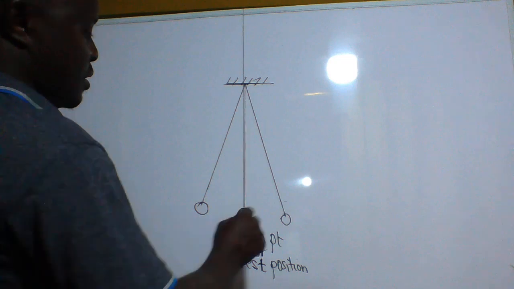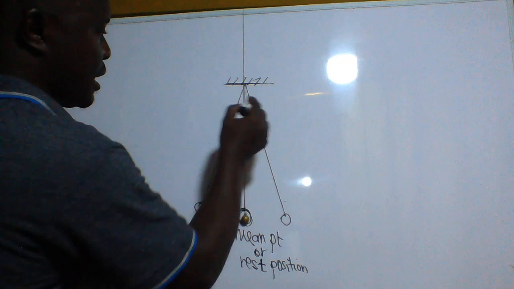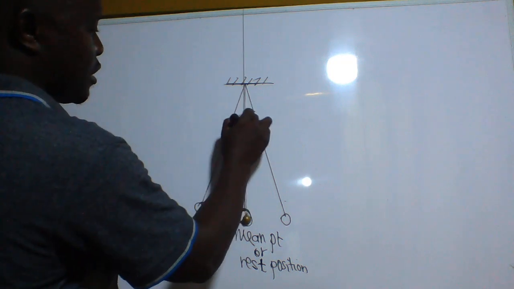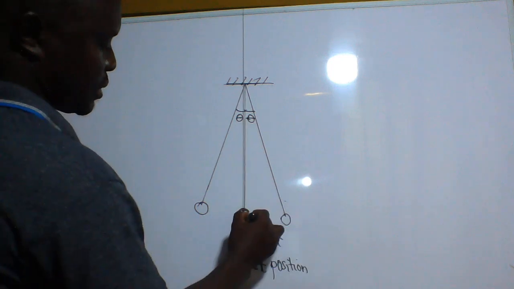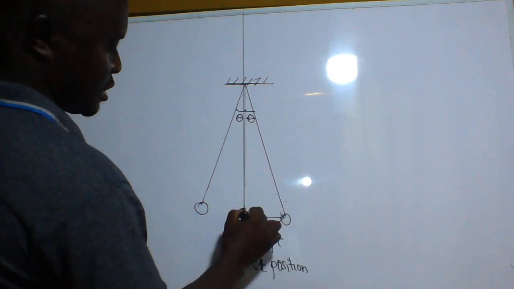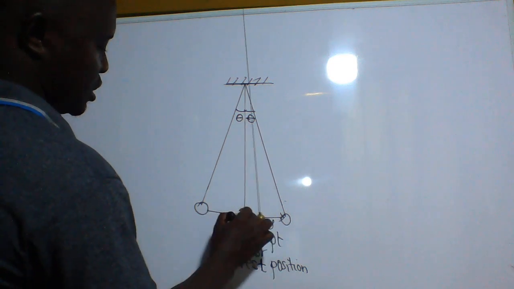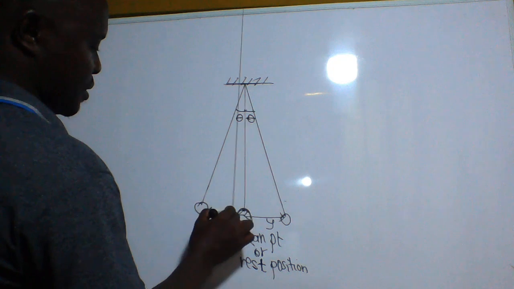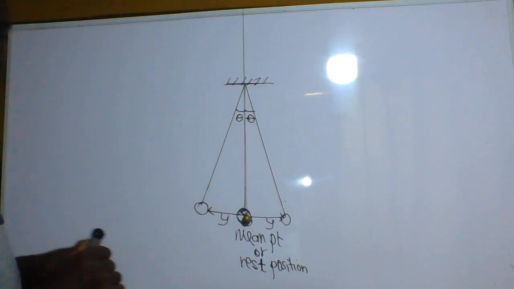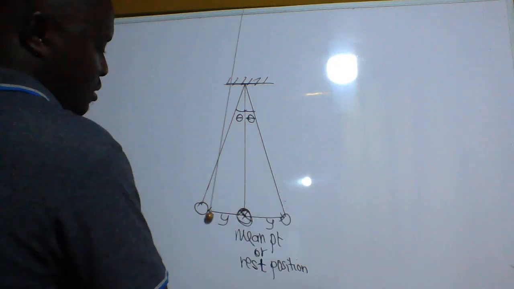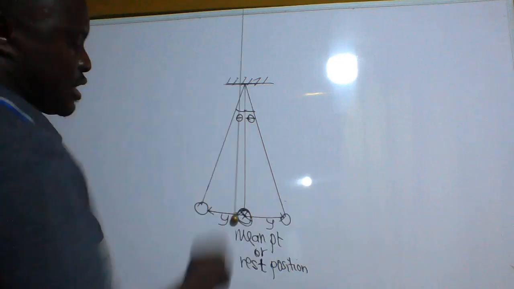When the object is given that small angular displacement theta, either this way or this way, from the mean point, the object moves back and forth around this fixed point.